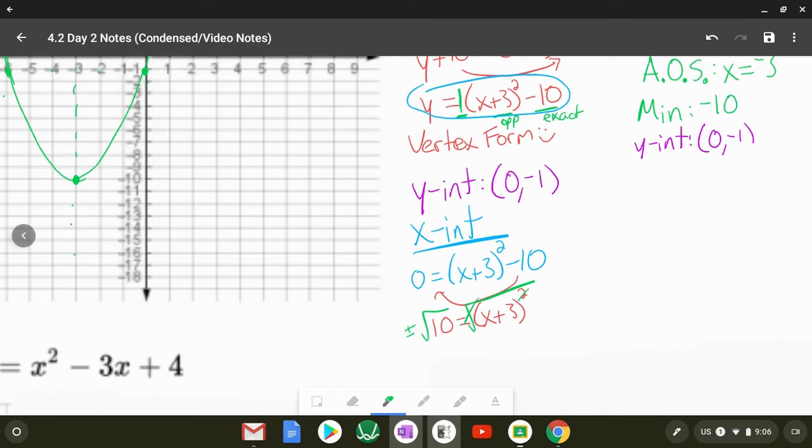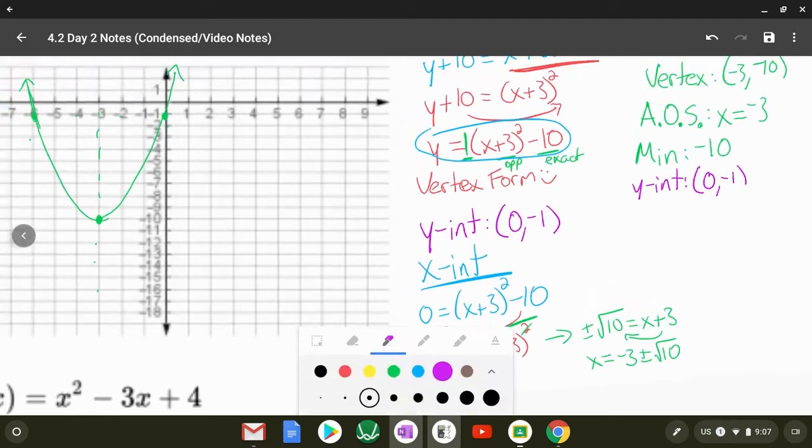These cancel out. We've got to go laterally here. We have plus or minus root 10 equals x plus 3, and then just subtract the 3 over. So we know x equals -3 plus or minus the square root of 10. And these are your two x-intercepts.